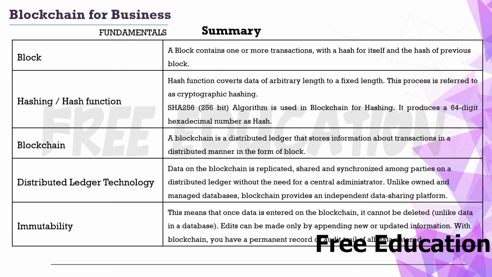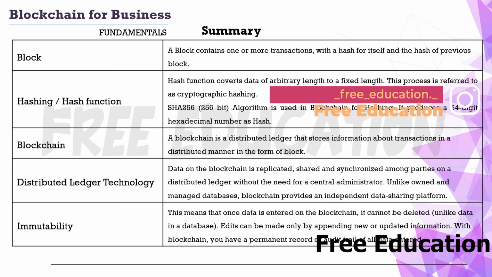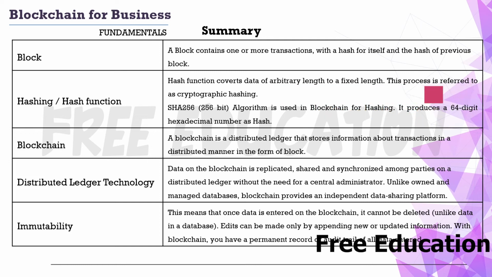And importantly, the blocks are arranged chronologically, in the sense block 2 will have data about transactions that happened after the transactions in block 1. It is not randomly arranged. It has some sense, the way ball number 2 in a match gets bowled after ball number 1.